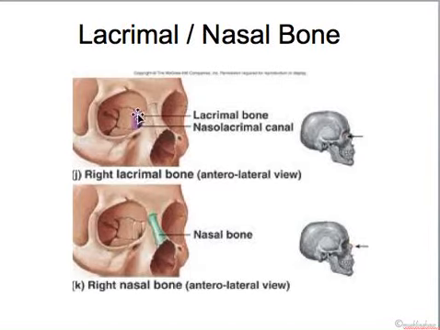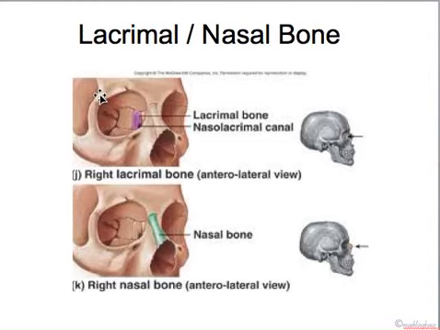And the lacrimal bone is where the Sandman comes home, because that's where we can get stuck in the nasolacrimal canal. What happens is we have the lacrimal glands, the tear glands, on the outside. They're right up here behind this bone in the orbit.